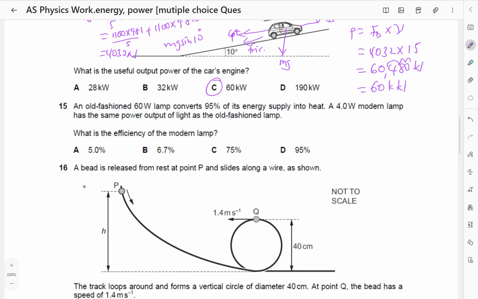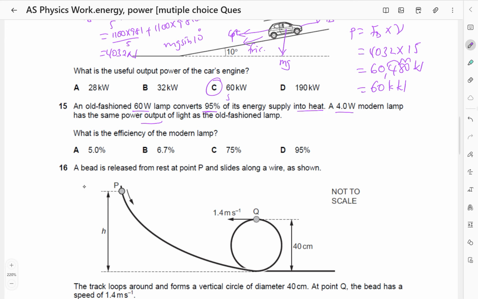An old-fashioned 60-watt lamp converts 95% of its energy supply into heat. A 4-watt modern lamp has the same power output of light as the old-fashioned lamp. What is the efficiency of the modern lamp? 95% becomes heat.